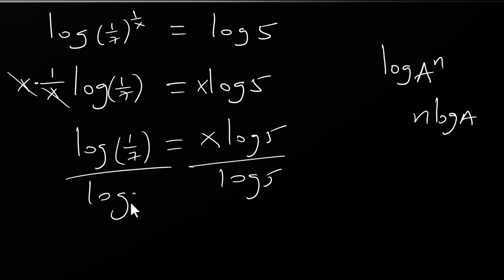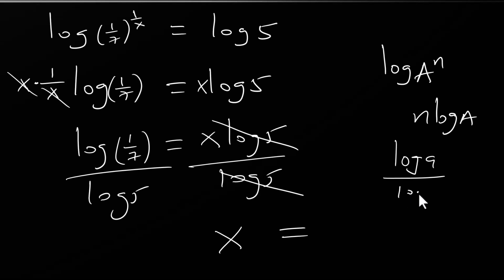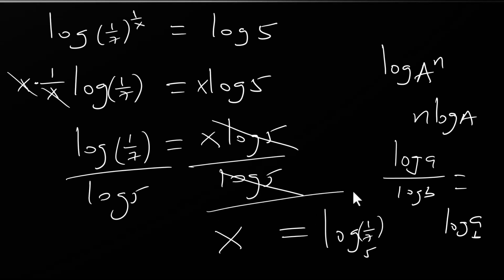So we have x equals to log 1/7 over log 5. But when we have log a over log b, it's the same as log a to base b. So this side will be log 1/7 to base 5 as the answer.